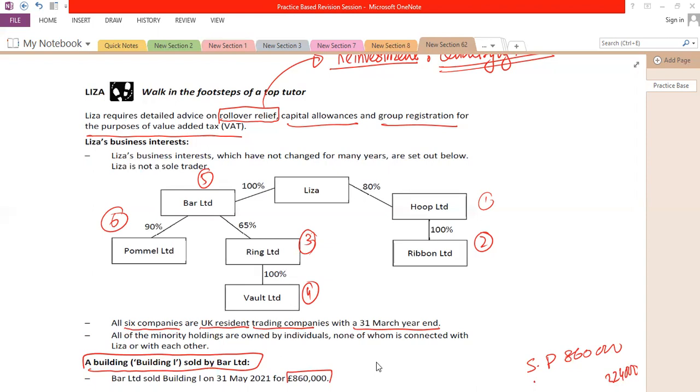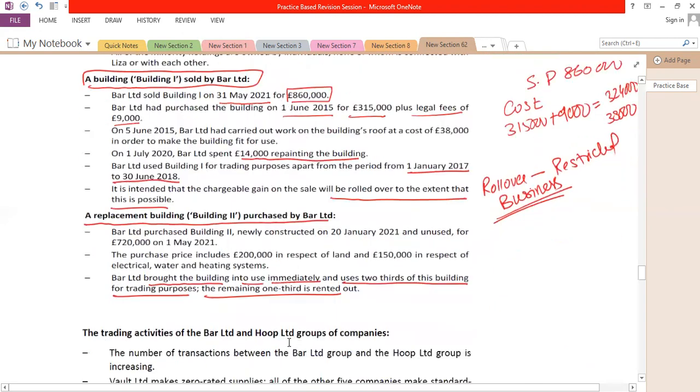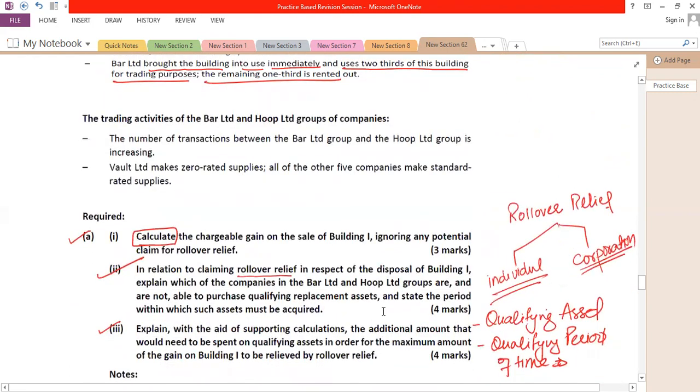Next thing is that why we are interested in formulating a VAT group. What is the advantage of making a VAT group? What is the biggest advantage? Let's see some more information.